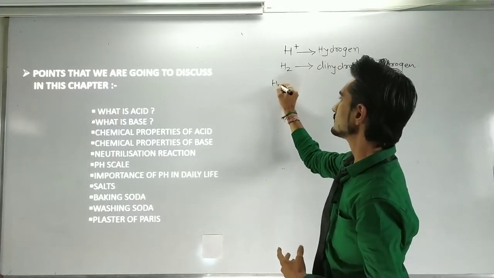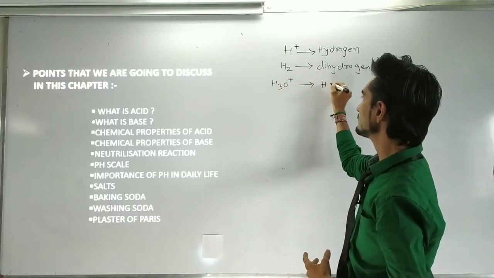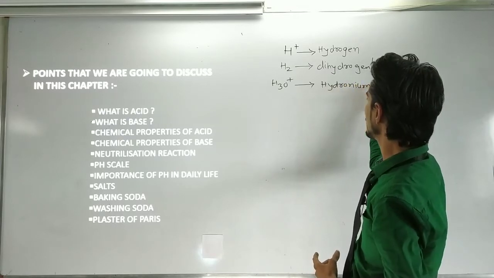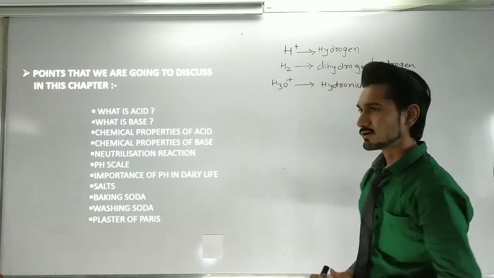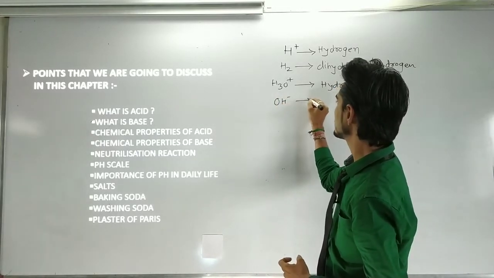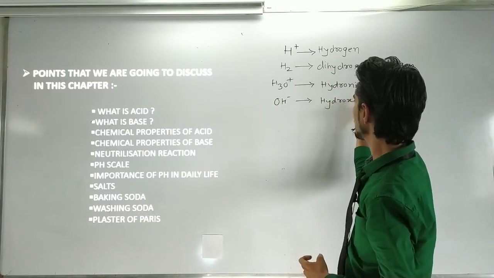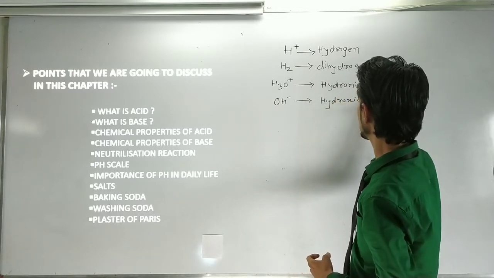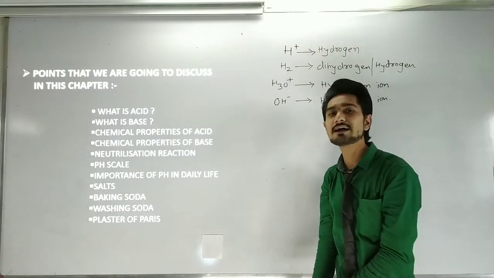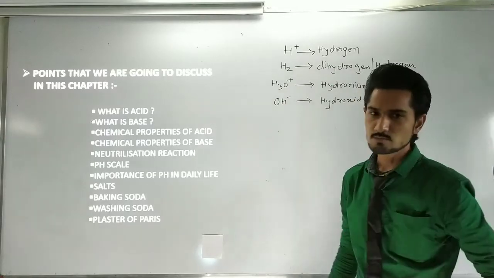Afterwards H3O plus, it is a hydronium ion. Then OH minus will be known as the hydroxide ion. Whenever a plus or minus sign comes, it tells us that it is an ion. Whenever the sign does not come, then we know that it is an atom or a molecule.